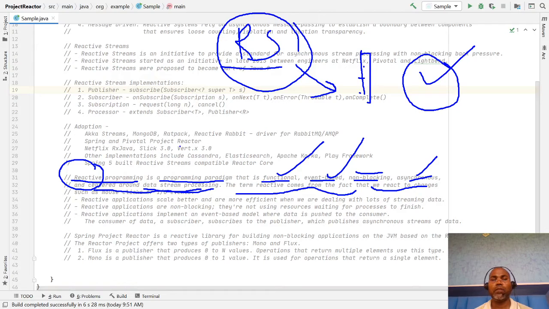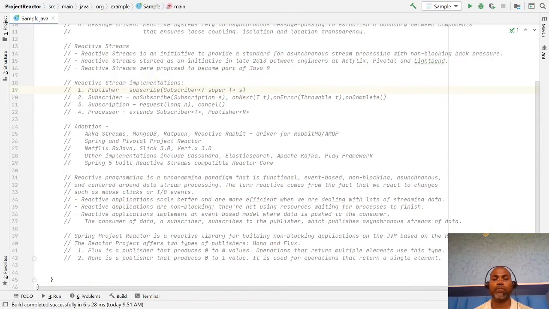So reactive means just reacting to a particular event, a particular change. Systems should react to change, just like when you click the mouse or an IO event or any kind of event happens, the system does something to handle those changes, to react.